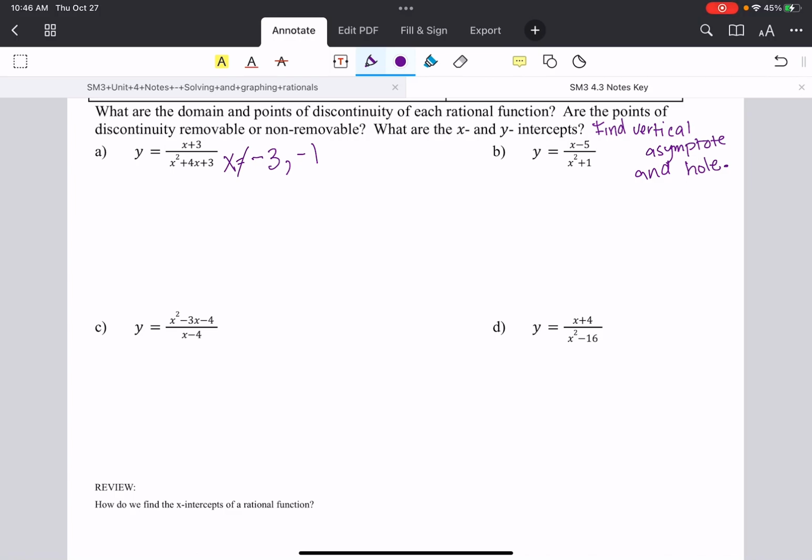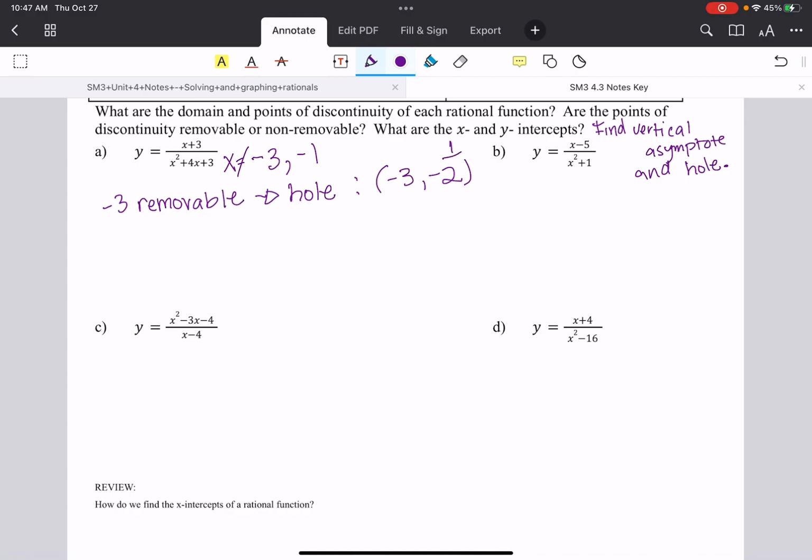Which one were we able to remove? -3. So this was removable, so it created a hole, right? What was the coordinate of that hole? Yep, -3 and -1/2.